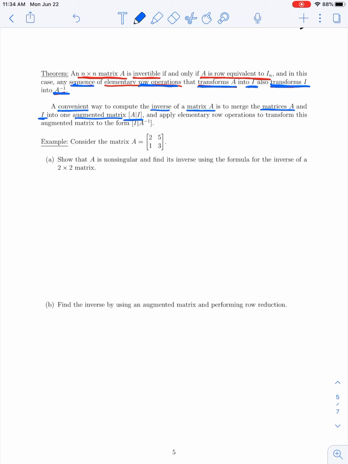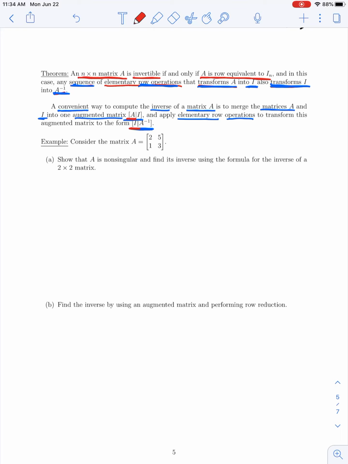Now, once we express that augmented matrix A and I together, we would apply elementary row operations in order to transform this augmented matrix to the form I, A inverse. So I'm trying to take the matrix A, which is the left-hand side of my augmented matrix, and perform row operations to transform it into the identity matrix.